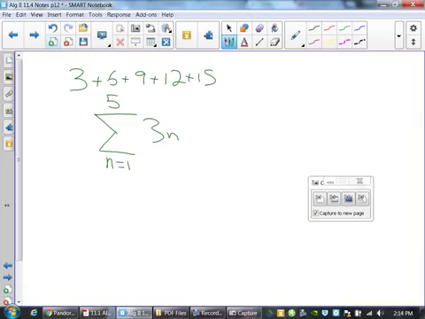You're defining it from where you start. You could define it to start at 0 and say 3 plus 3n, where n starts at 0. And then you would have 4 terms, from 0 through 4. That would work too.